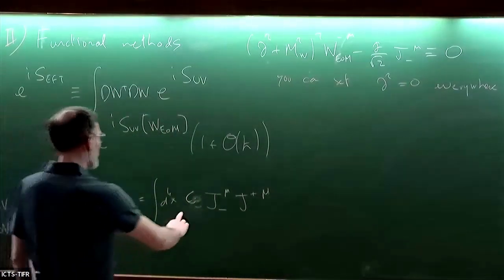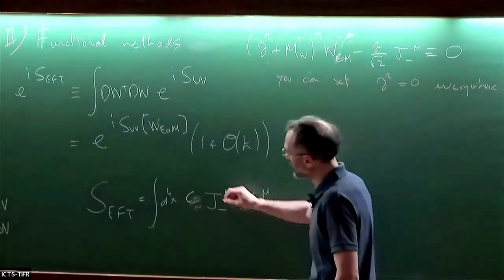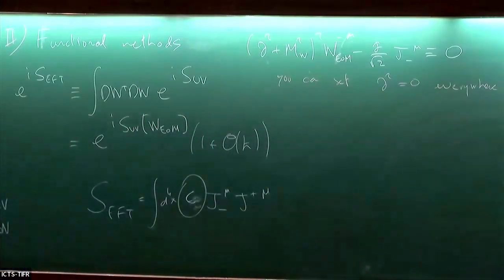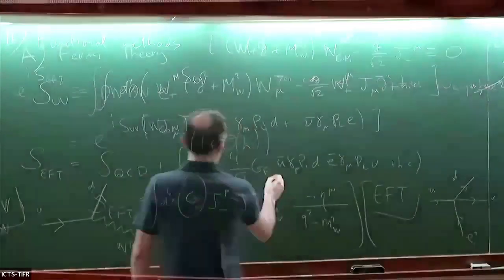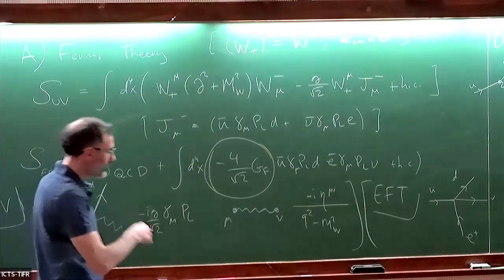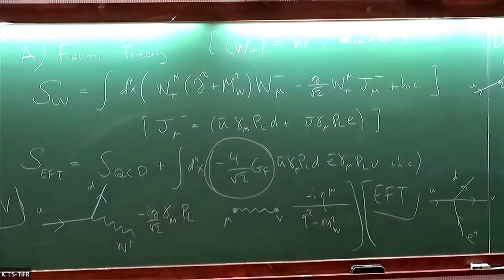And you find a value for C, that's what the problem is about, finding C. After doing that, you compare with the effective action we started with, and that coefficient will give you that same relation between G Fermi and the masses and coupling.